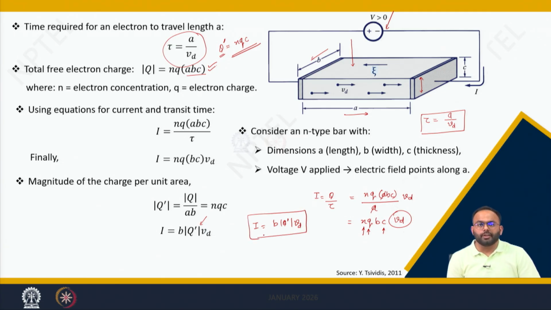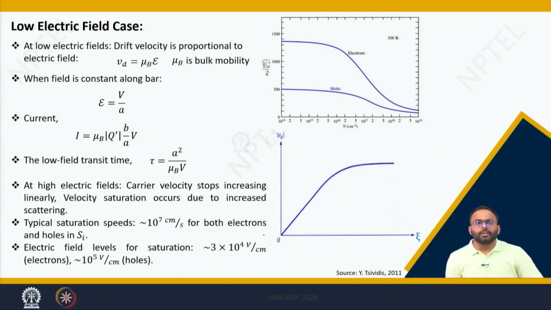Right? So this drift velocity is directly proportional to the applied electric field. The moment you apply the voltage, an electric field exists and hence the carrier starts to move with some directed velocity, that is called drift velocity.